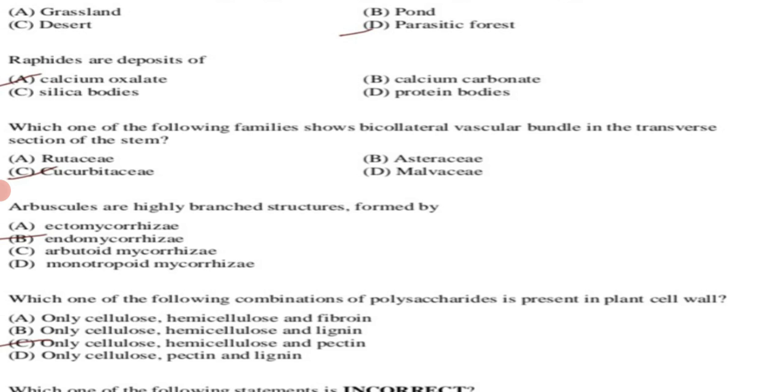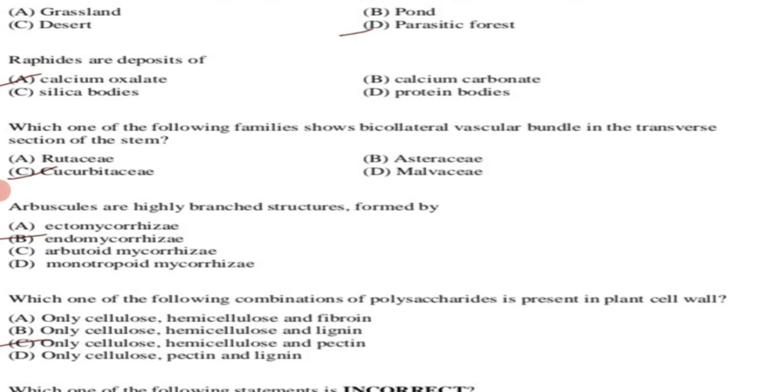Then bicollateral: in this type, two patches of phloem, one on each side of the xylem, are present. In such vascular bundles, there are two strips of cambium, one on each side of the xylem. Such bicollateral vascular bundles are present in plants of the families Cucurbitaceae, Solanaceae and Apocynaceae. So option C is the answer of this question.